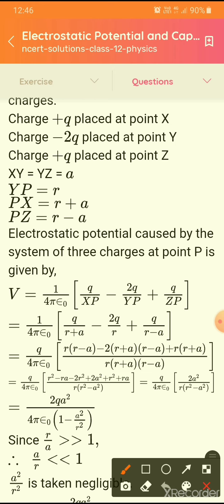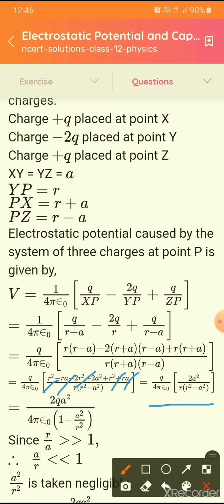So after simplifying all these things, we get Q divided by 4 pi epsilon naught into 2a squared. Here all the things get cancelled: this r squared, this r squared, and 2r squared with minus 2r squared, everything gets cancelled, and the remaining minus ra and plus ra also get cancelled.